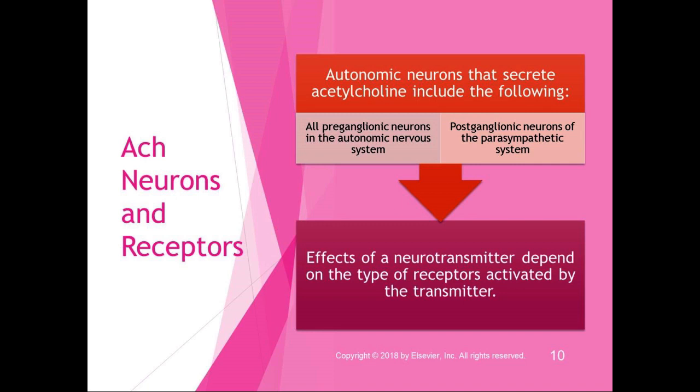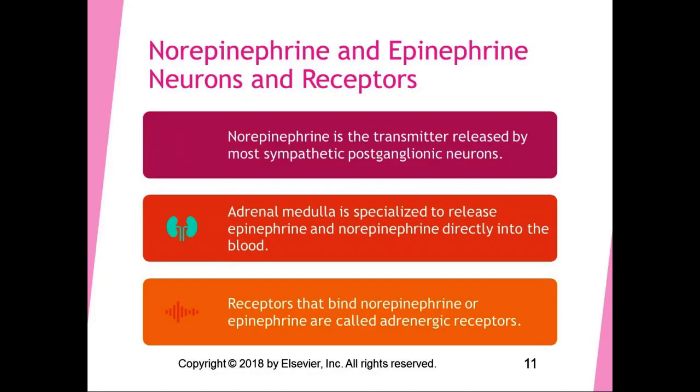But, of course, we know the effect of a neurotransmitter depends on the type of receptors activated by the transmitter. That goes for the autonomic system and the motor and sensory systems as well. So norepinephrine and epinephrine. Norepinephrine is the transmitter that's released by most sympathetic postganglionic neurons. The adrenal medulla is specialized to release epinephrine and norepinephrine directly into the blood.